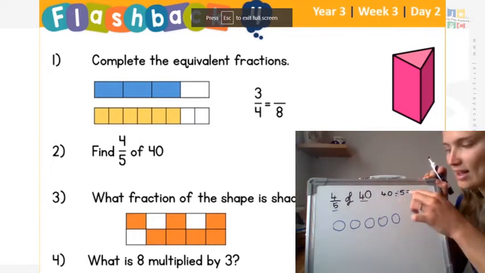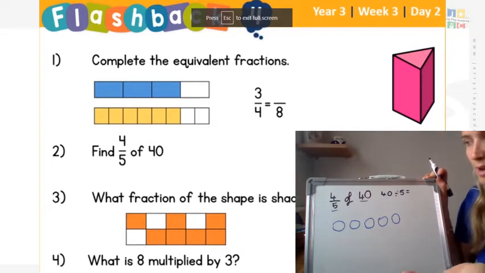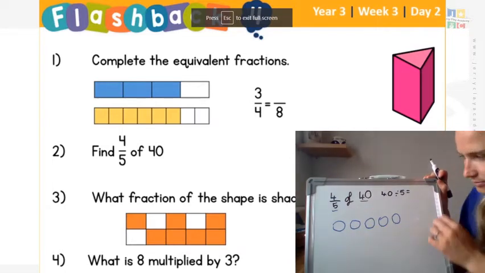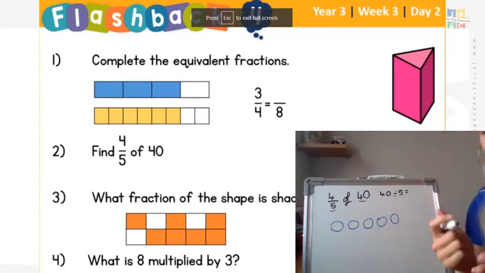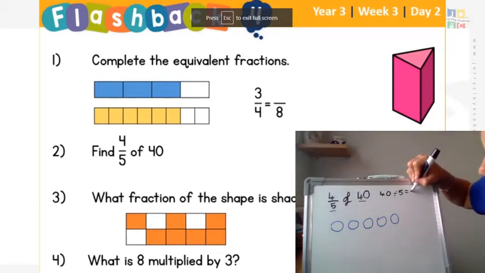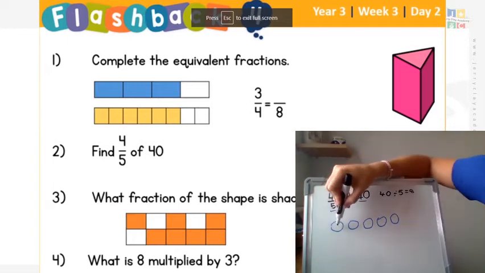So I can do 40 divided by 5, so you can either dot it out, or let's count up in our 5s: 5, 10, 15, 20, 25, 30, 35, 40. I know 40 divided by 5 is 8, so there will be 8 in each part.